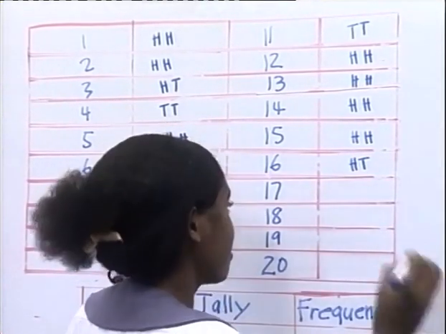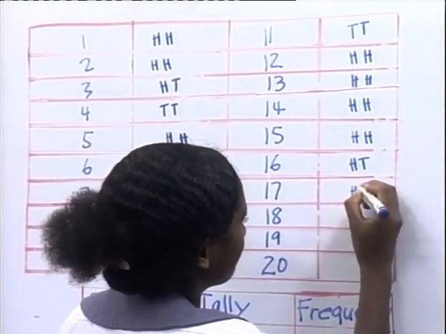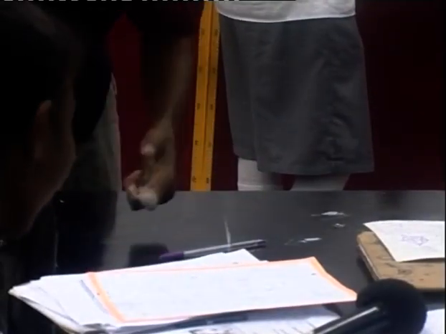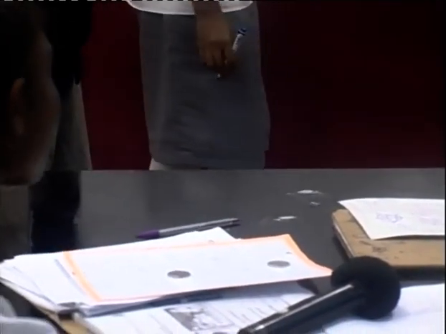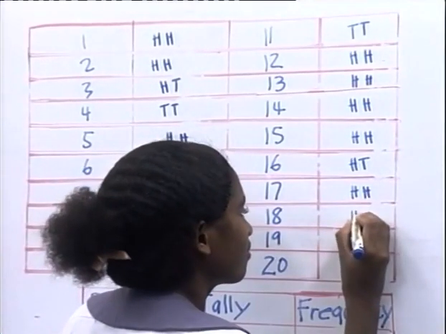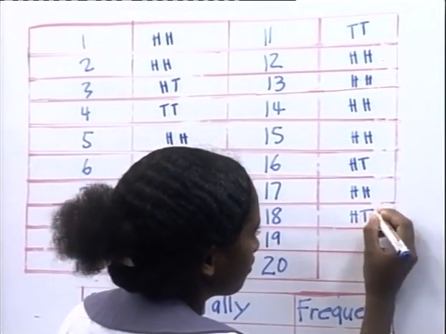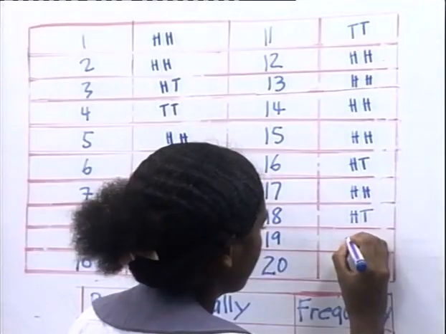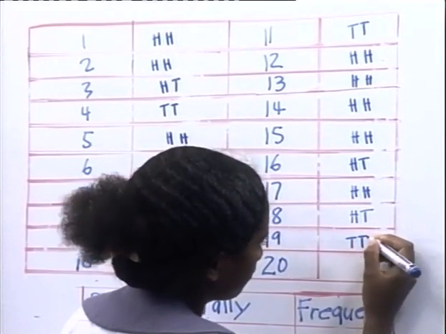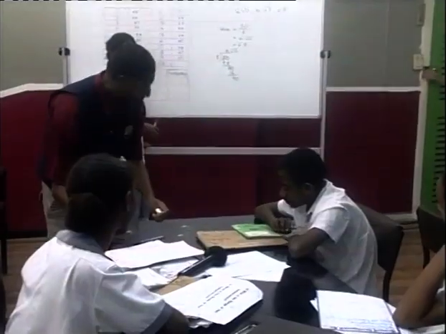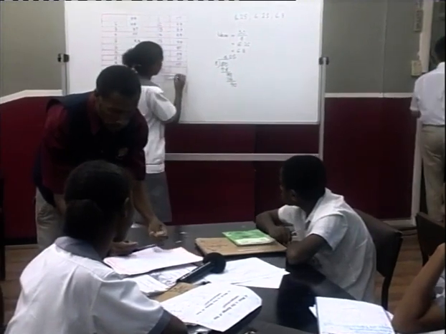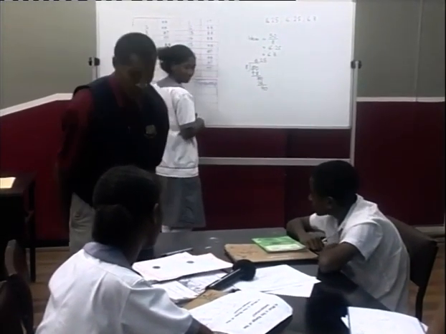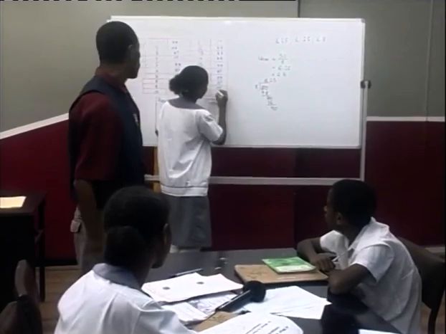Head, head. Head, tail. Last two tosses. Tail, tail. And the last one, let's guess what it will be. Tail, tail.